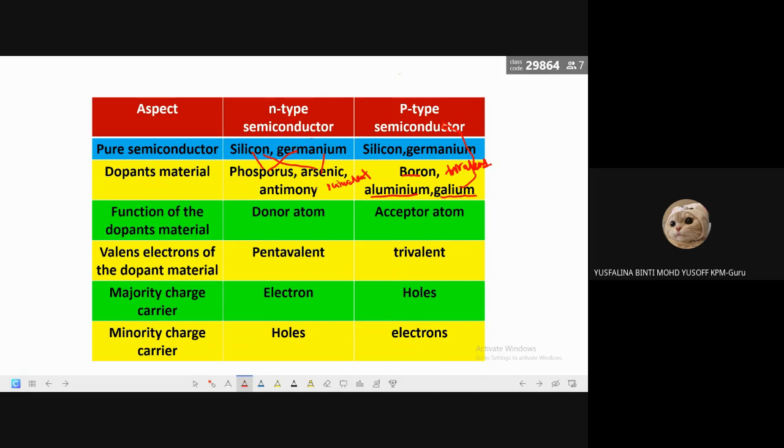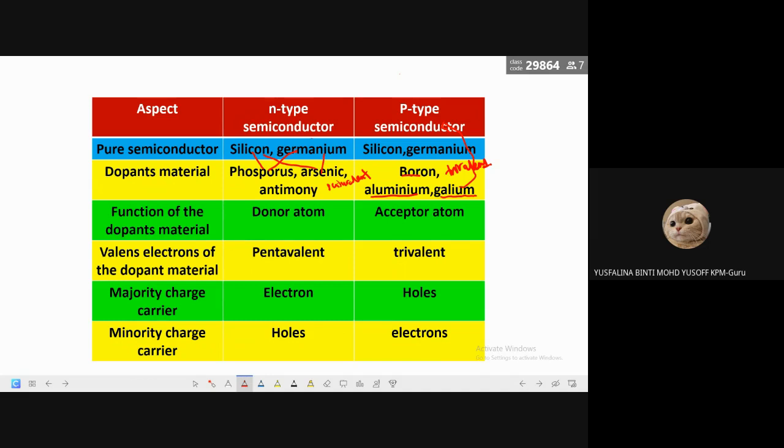But for the P-type, since they don't have enough electrons, it should be 8 but now they only have 7, there will be more holes, right? More holes means positive. So electrons are negative, and the holes are charged positive. Of course, if the electrons are the majority, the holes will be the minority. If the majority is the holes, the minority will be electrons.